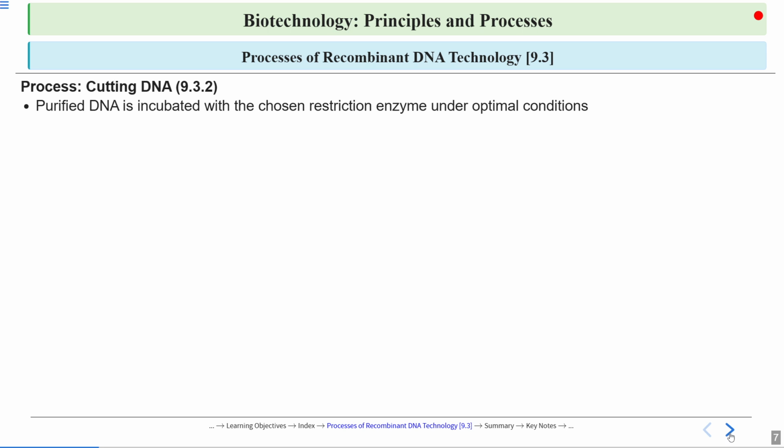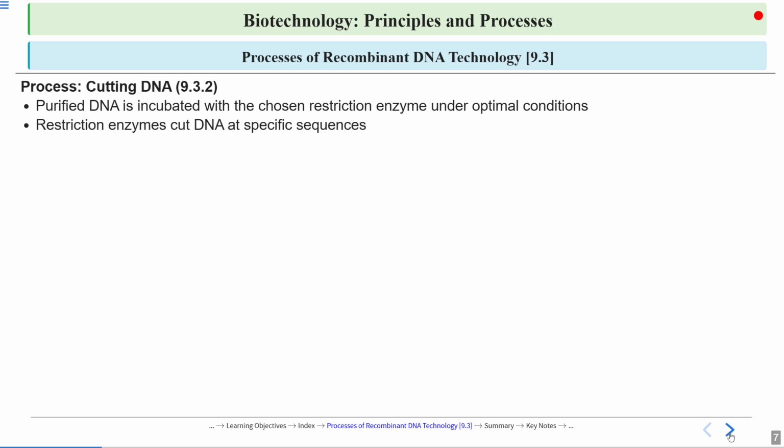This purified DNA is incubated with the chosen restriction enzyme under optimal conditions for that enzyme. So we will take our pure DNA and keep it with our chosen restriction enzyme at the condition where that enzyme can work.